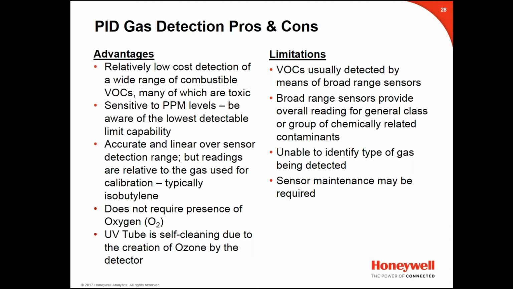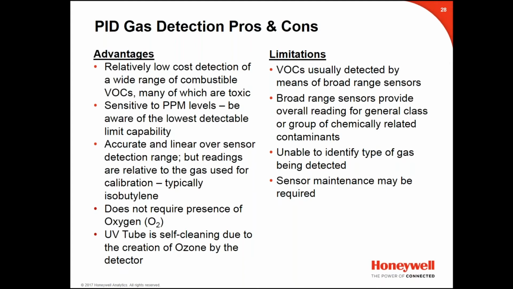Okay. Some of the limitations for PID gas detectors are VOC is usually detected by means of broad range sensors. So the broad range sensors provide overall reading for the general class or group of chemically related contaminants, but it's not going to be specific. Okay, we're unable to identify the specific type of gas being detected. Okay, and then the sensor maintenance may be required.